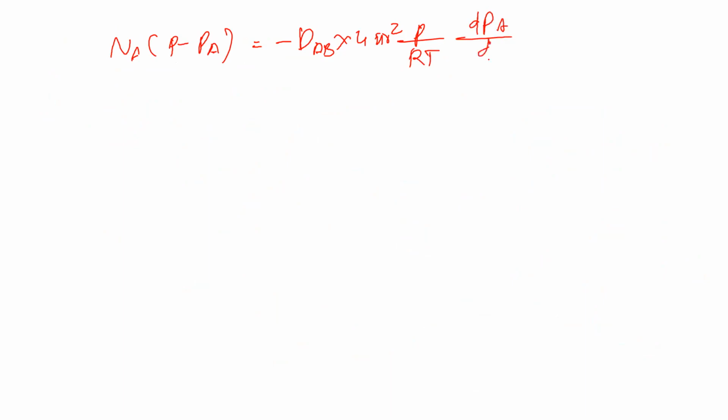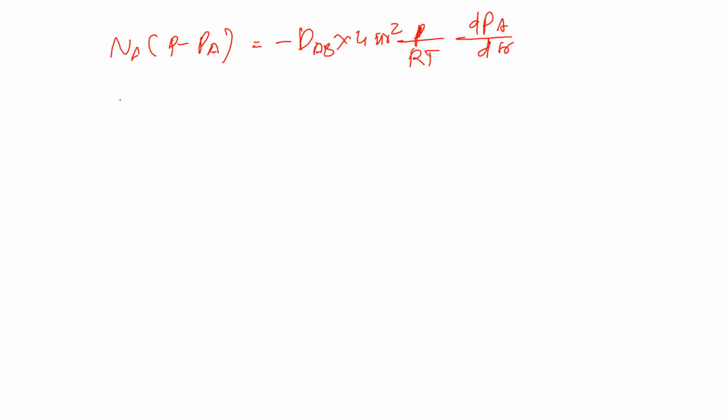So NA into P minus PA is equal to minus DAB into 4 pi r square into P by RT into dPA by dr. Just bring this term to the other side, since other factors are constant.